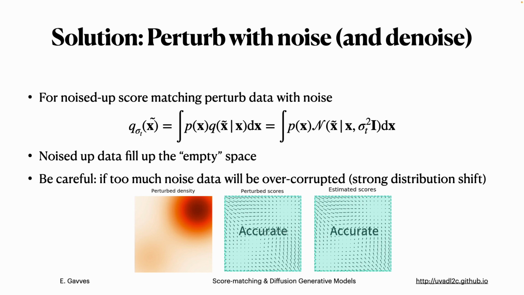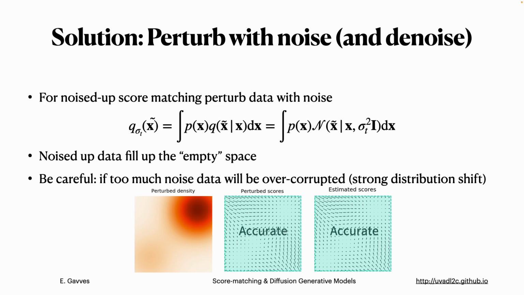The solution is to perturb with noise. And the solution is intuitive. How do we make sure that we don't have low data density areas? Well, if we add a bit of noise everywhere, then we've got a bit of probability everywhere, and then the model has something to bootstrap on. So the noising up procedure is similar, right?